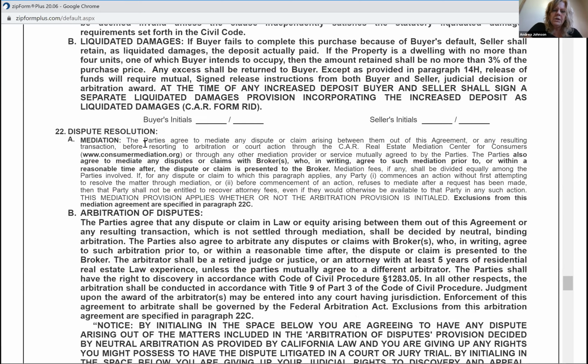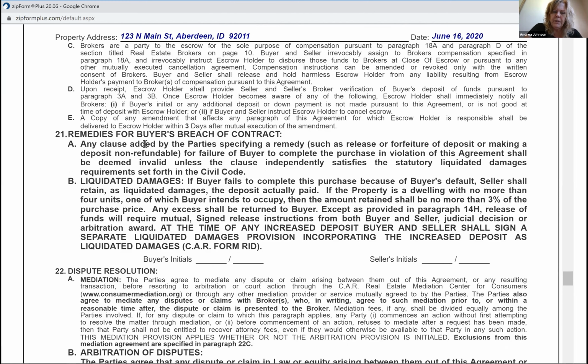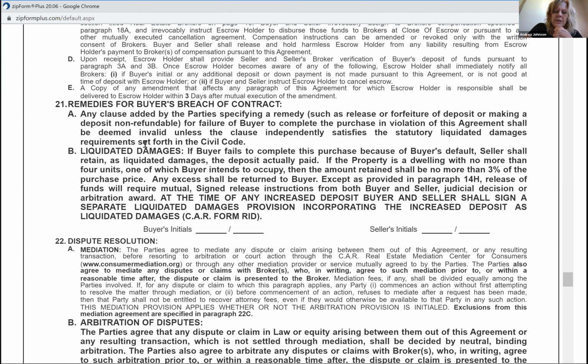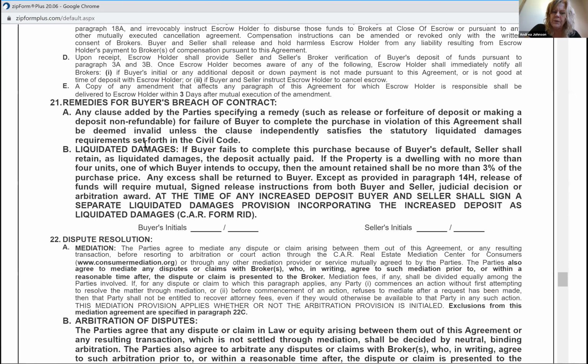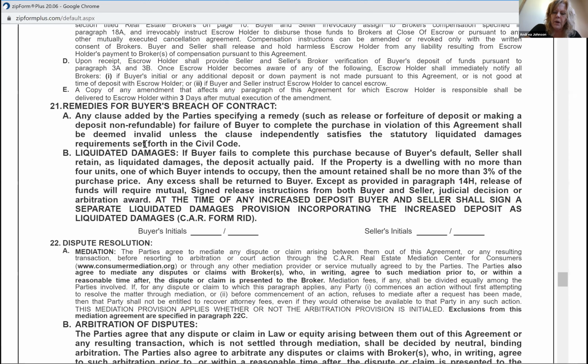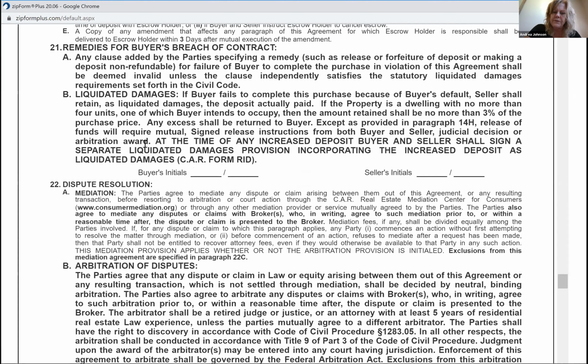So now you notice here in liquidated damages, 22B or 21B has to be initialed by all parties. So if you have two sellers and you get your RPA back and only one has initialed liquidated damages, you need to follow up and get both initials. All parties have to agree, and these are important paragraphs. They're optional.